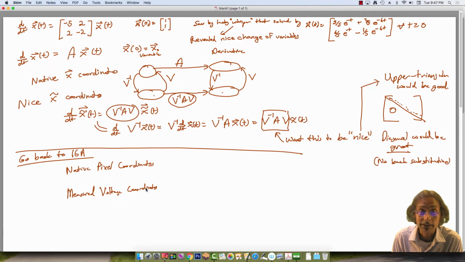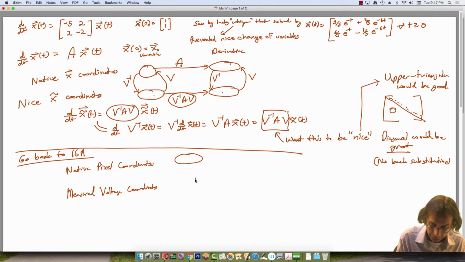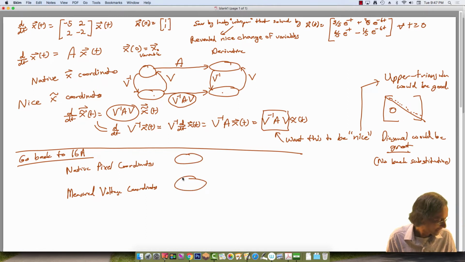Remember, in 16A lab, you had a single pixel camera, which is that you had the ability to shine light in a particular pattern onto an image and measure the total intensity by measuring the voltage on a particular photodetector. So you had these two different sets of coordinates. And what connected them?